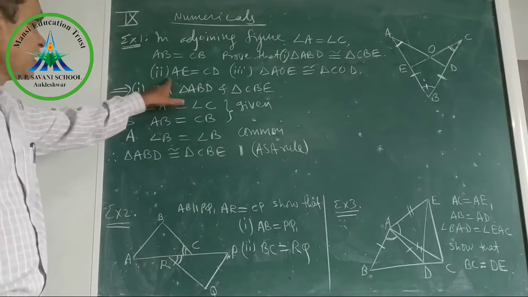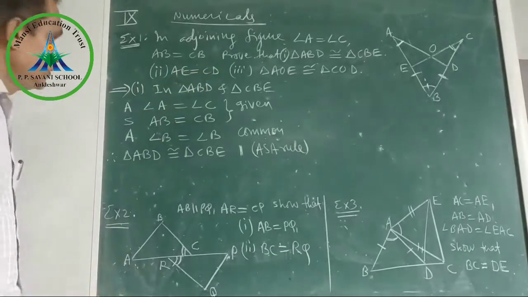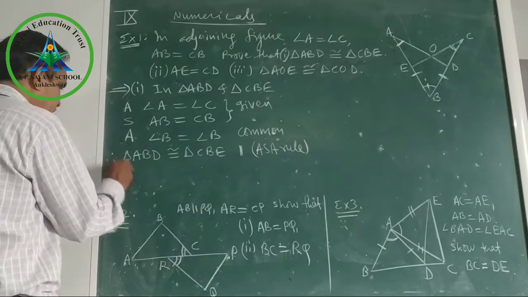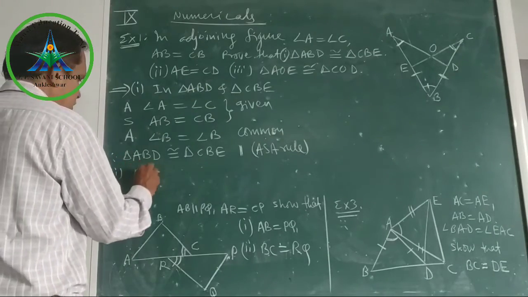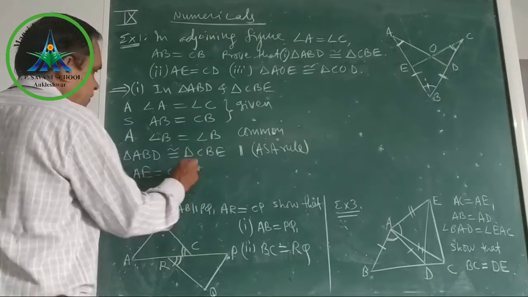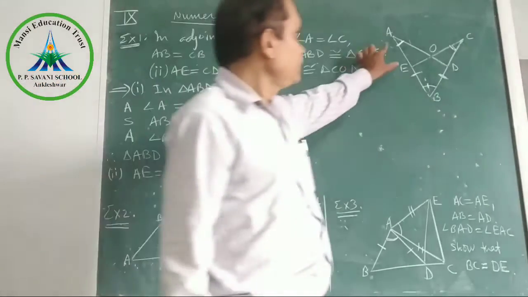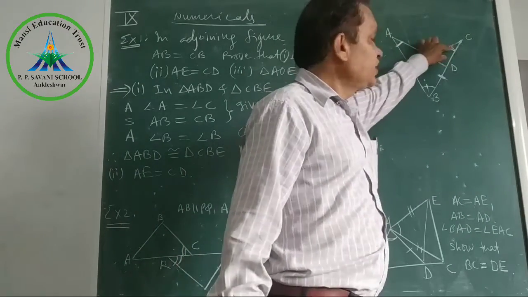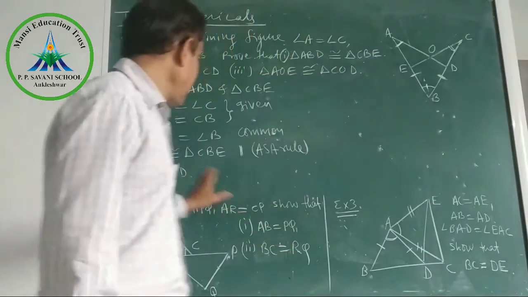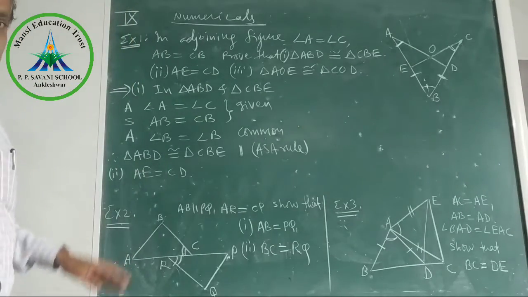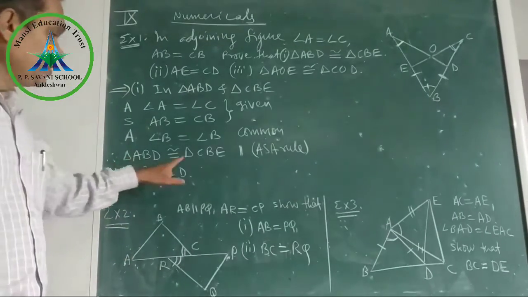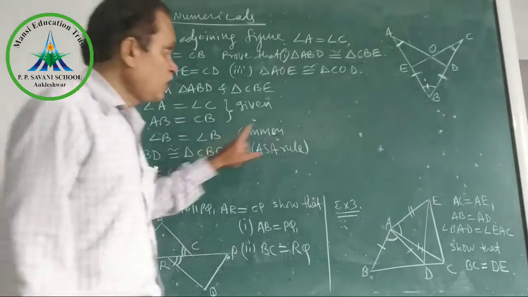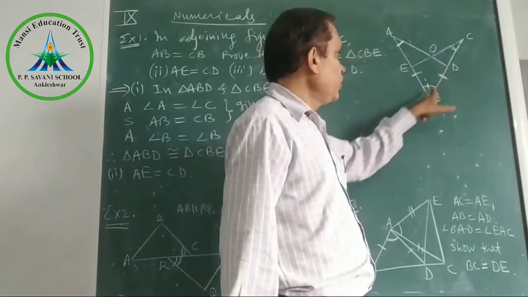Now the second part, AE equal to CD. See, we are taking the second part to show AE equal to CD. Look, AE and CD are not parts of this triangle's rule, so we will take the help of these triangles. See, from this we got BD equal to BE.